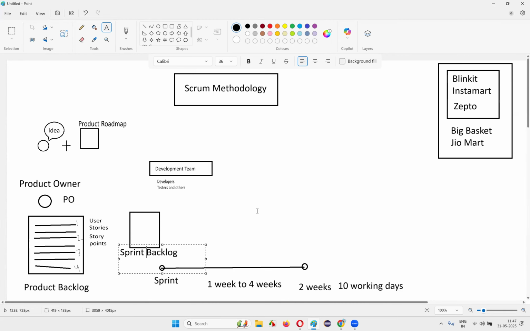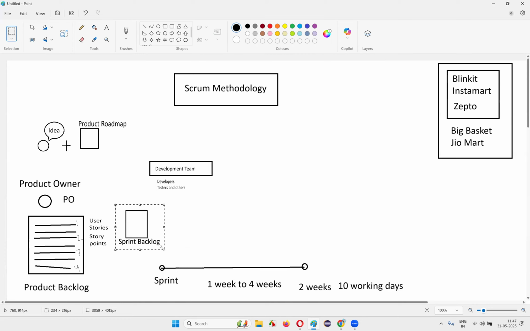The pending requirements which need to be completed for the project to be completed are in the product backlog; the complete requirements will be there in the product backlog. In the sprint backlog, whatever user stories, according to the priorities and story points, were assigned to this particular sprint will be put into a backlog known as the sprint backlog.